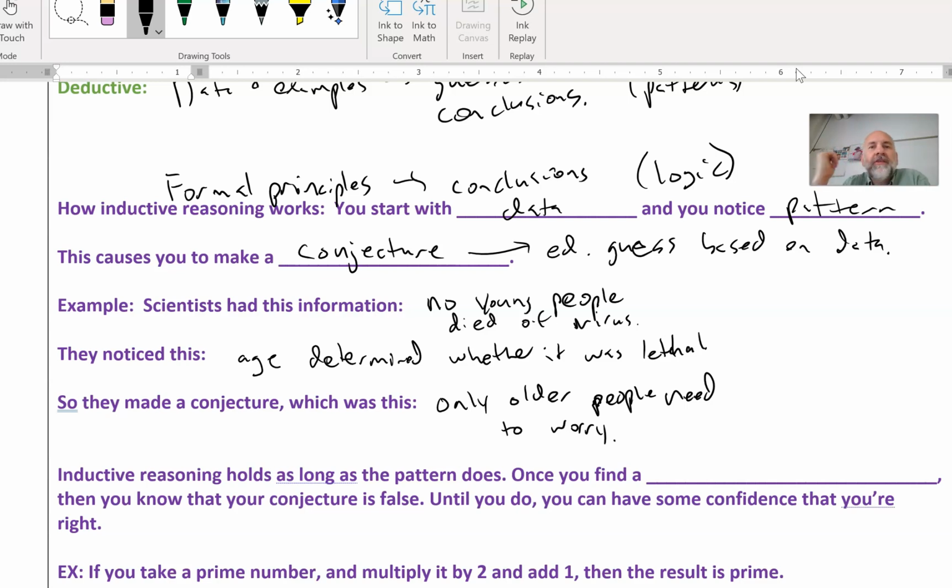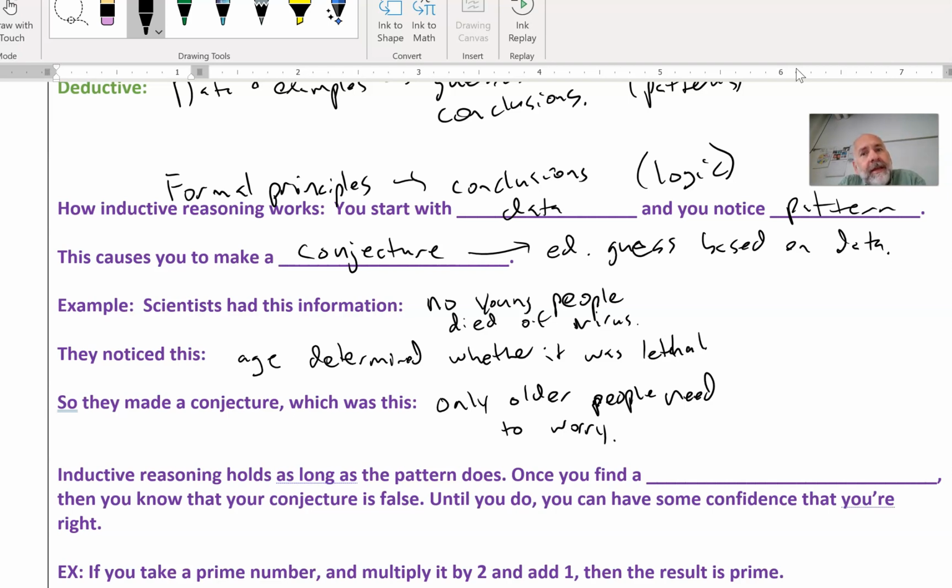Now you can say the scientists who made this conclusion would have been wrong. But that's the problem with inductive reasoning. You've got the data you have, and you're making your educated guess based on it. So they made a conjecture that it seems like you're going to be okay if you're young.